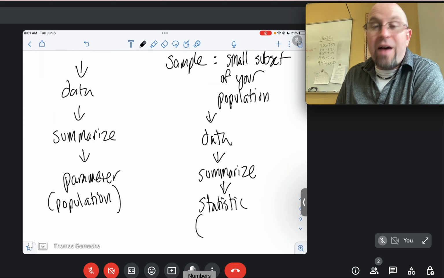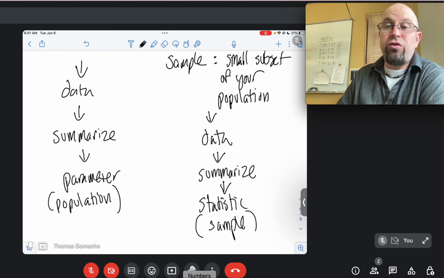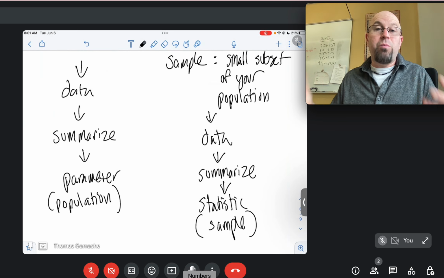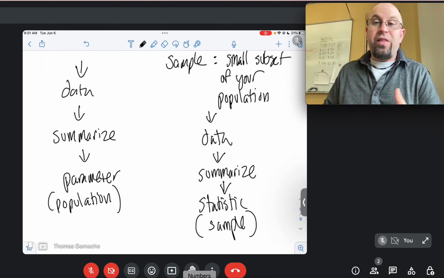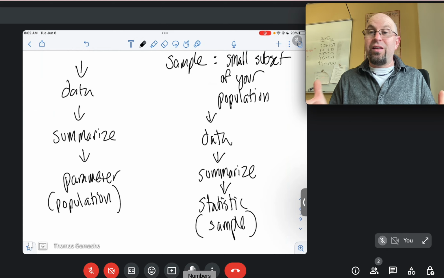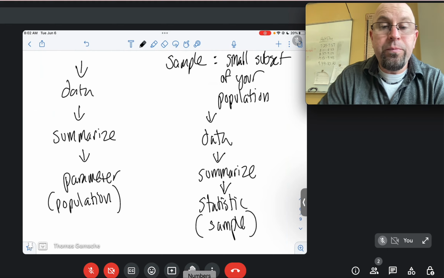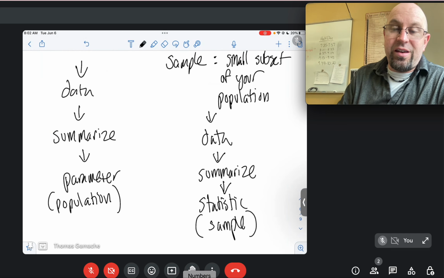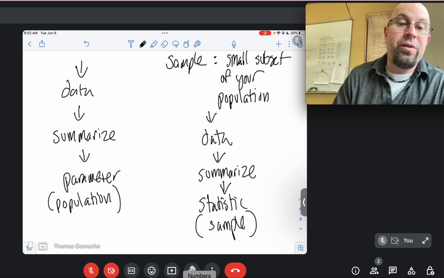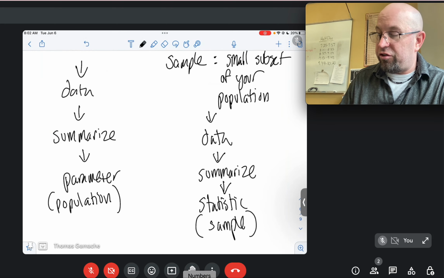It's when you have populations that are too big, that you can't get information for everybody. So what you do is you do a sample. You get a small group from that population. Then you gather data, little pieces of information. You summarize it, and that summary of all that data is a statistic. So to cap it, a statistic summarizes a sample. A parameter summarizes a population.